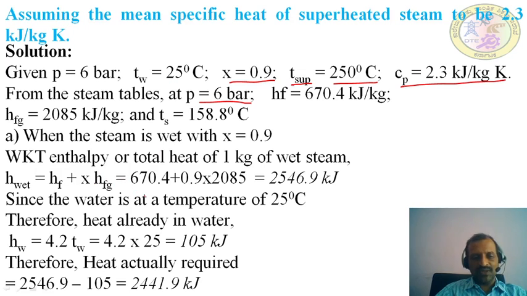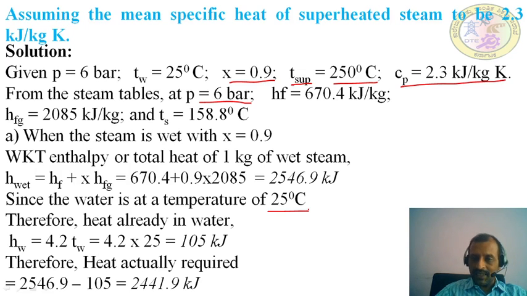Substitute the values in this equation: 670.4 plus 0.9, the dryness fraction, into 2085. That will give you the answer as 2546.9 kilojoules.